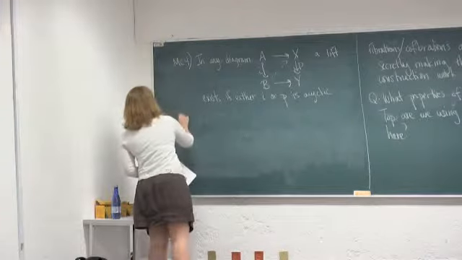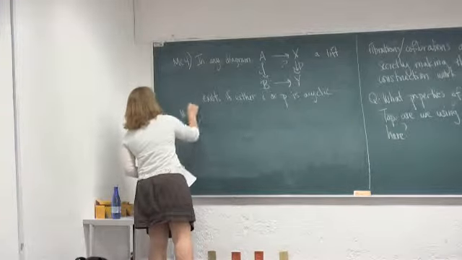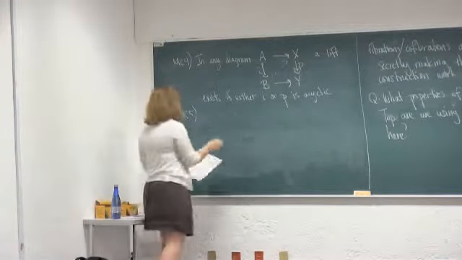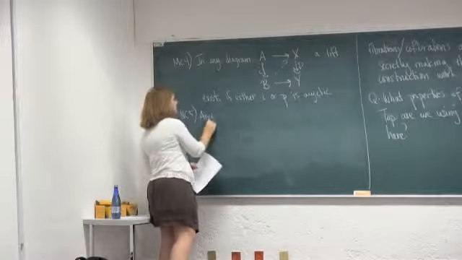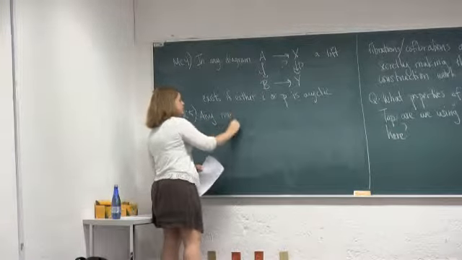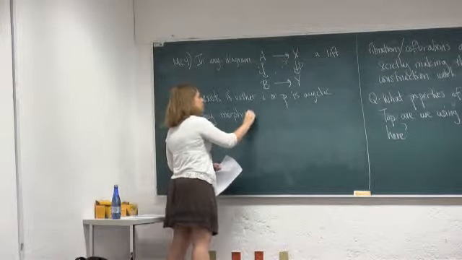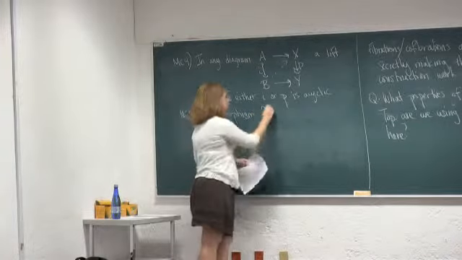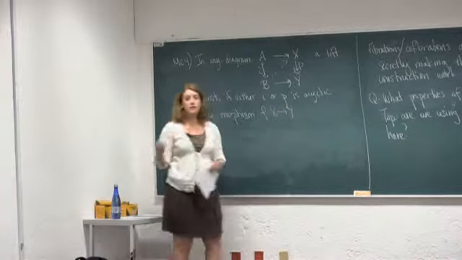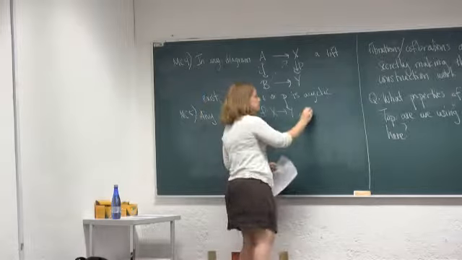Okay, so our last axiom is that if I take any morphism f from X to Y in C, I can always factor it in two ways.